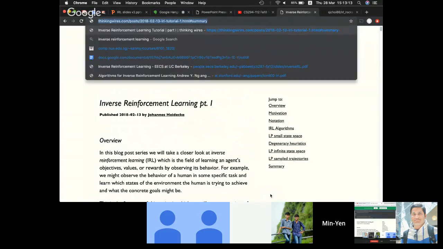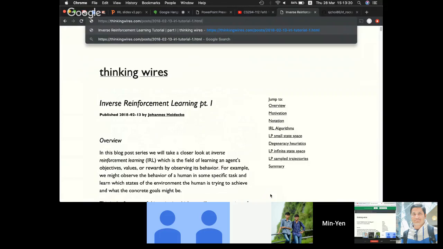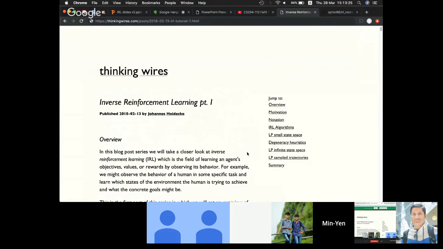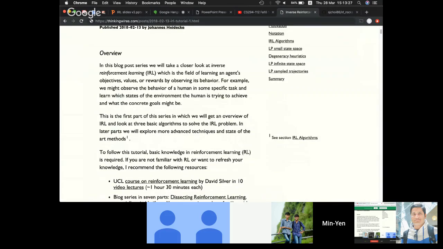So I'm going to try to post this. Somebody can try to copy this part of the blog post to Slack so that we can go through it. Okay, so I'll just try to step you through what I could see in the last couple of minutes on this. Let's see, maybe I can get rid of this part.